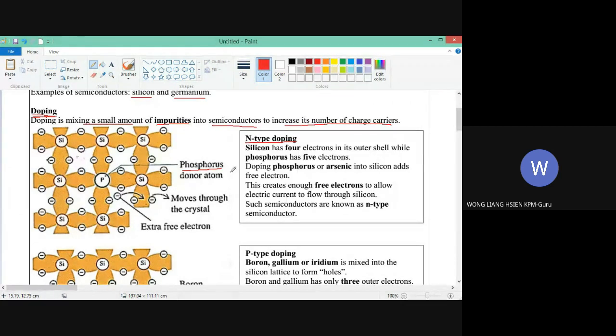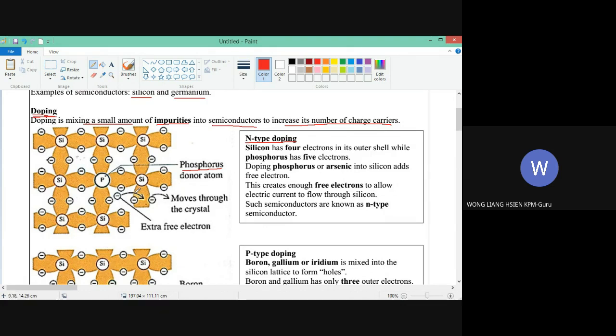So if that is the case, then if you dope or mix the phosphorus atom in among the silicon atoms, the phosphorus atom that has 1 extra electron, that extra electron will be able to move through the silicon crystal lattice.